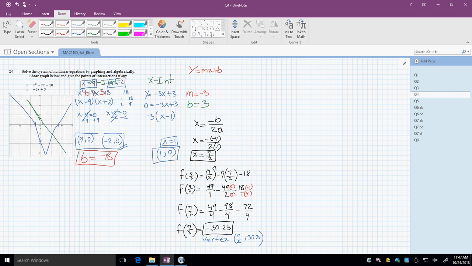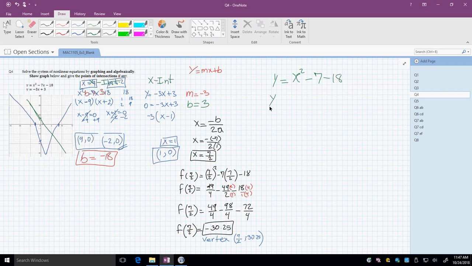Because I'm doing this on a smart board it's kind of hard, but by hand, after you do that, you can plug it in. Substitution will be the easiest because you already have the two equations over y. So you have to substitute y. You have y equals x squared minus 7x minus 18, right?